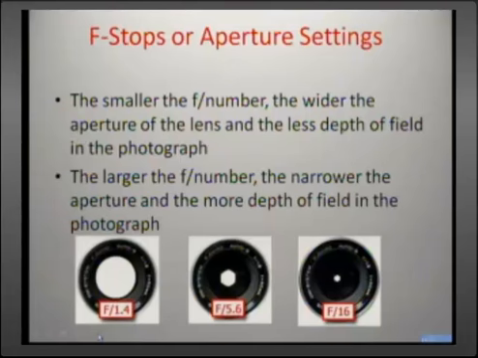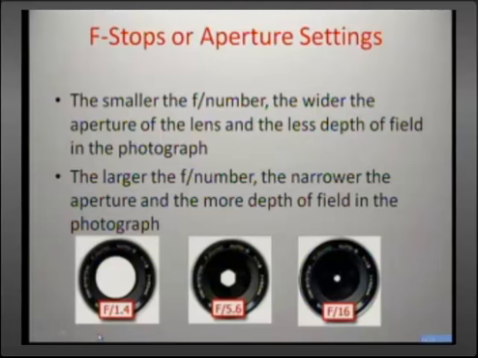So let's take a look at f1.4. You can see how wide the aperture is, and that more light will pass through this particular lens than it would with the lens that is set at f16. At f16, notice how narrow that opening is, and less light is going to get through the lens. f5.6 is kind of a midway between the f1.4 and the f16 example that I'm showing you here.